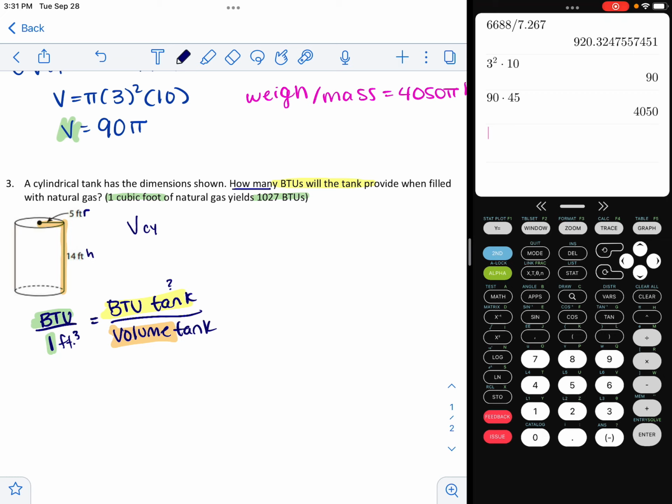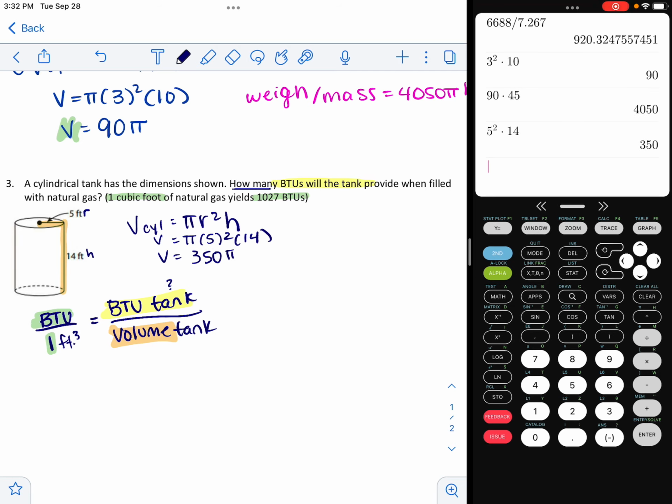Remember, volume of a cylinder is pi r squared h. Plugging in, we get pi times 5 squared times 14. And I'm going to plug in my calculator, 5 squared times 14. And so I get 350 pi. That's my volume.